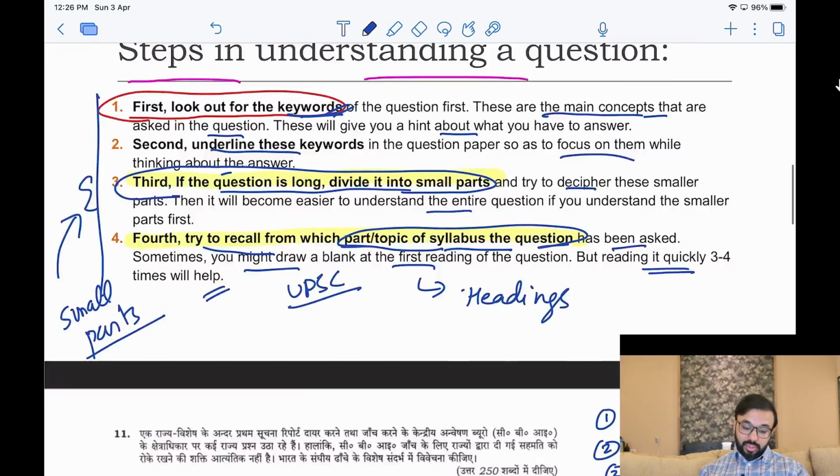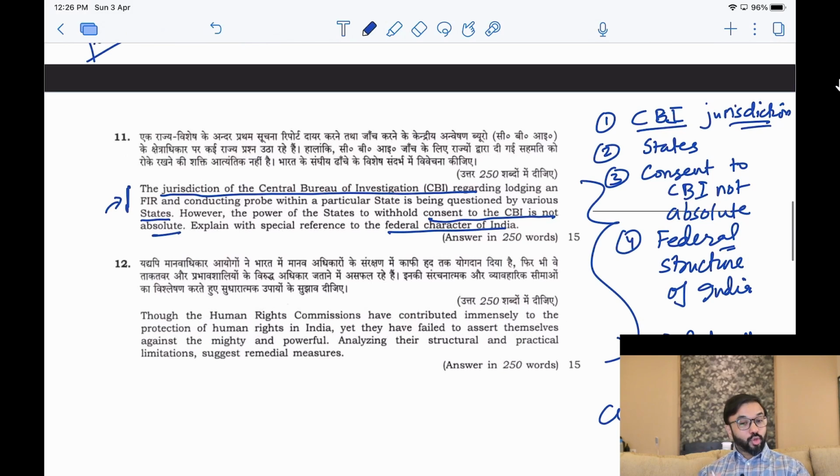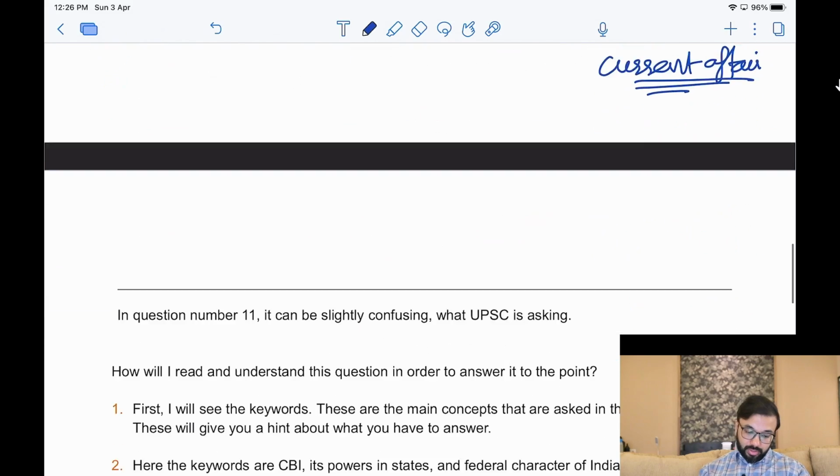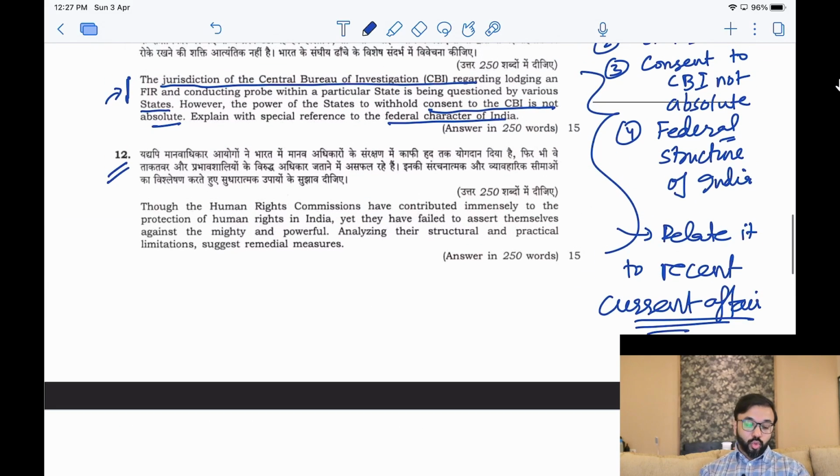See, this question is a difficult question because it is not very clear about what it is asking, but if you break it down into smaller parts, then you are able to easily address that particular question. All right. The next question, I want you to dissect it and write your answer in the comments.